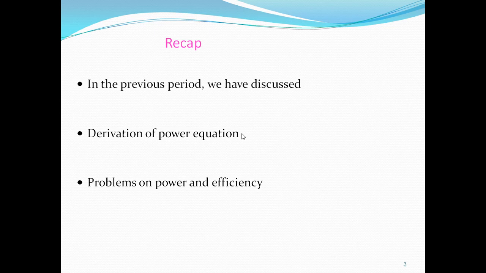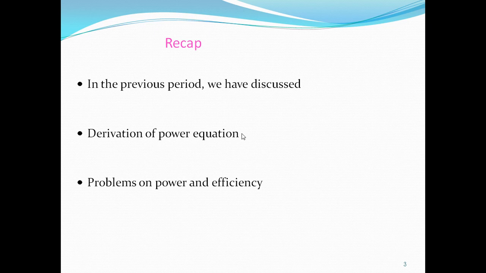This mechanical power developed supplies iron and friction losses and the motor output. We have shown the power flow diagram also. If we add iron and friction losses to the shaft output, we get the mechanical power developed, Pm.